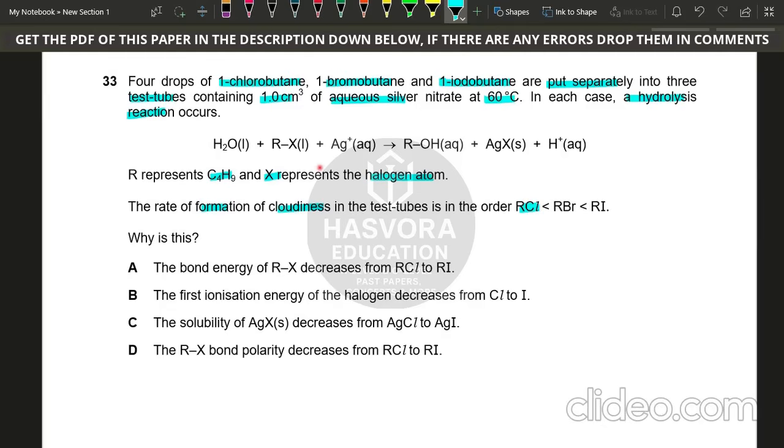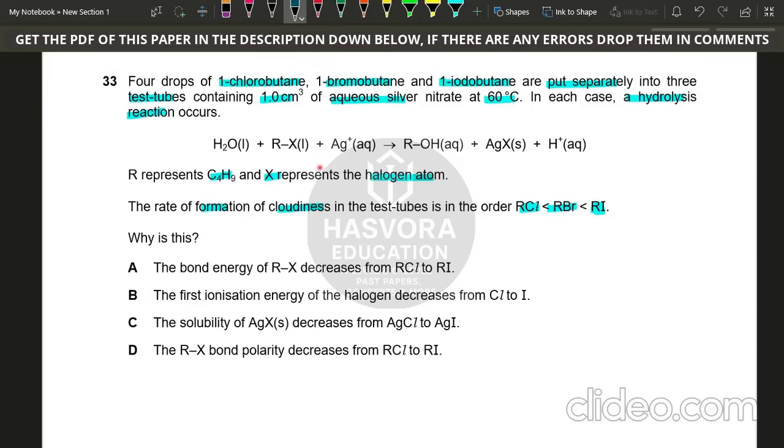Actually, it has the most amount of time, and then we have the RBr, the side chain with the bromine atom, and then we have the side chain with the iodine atom.